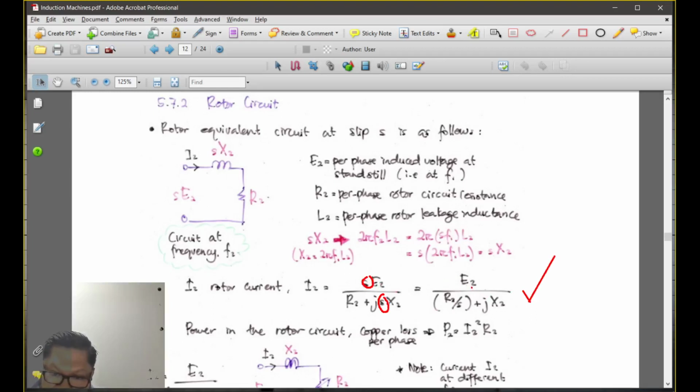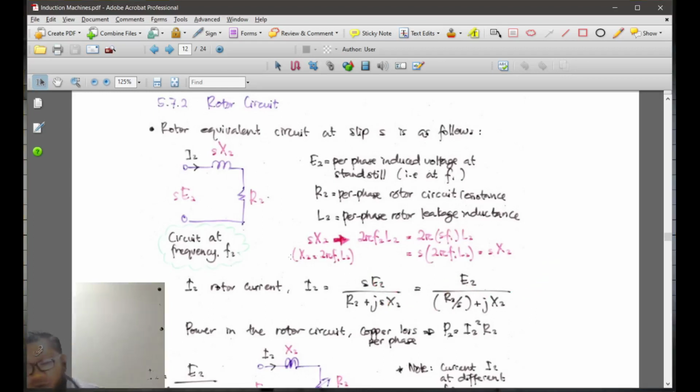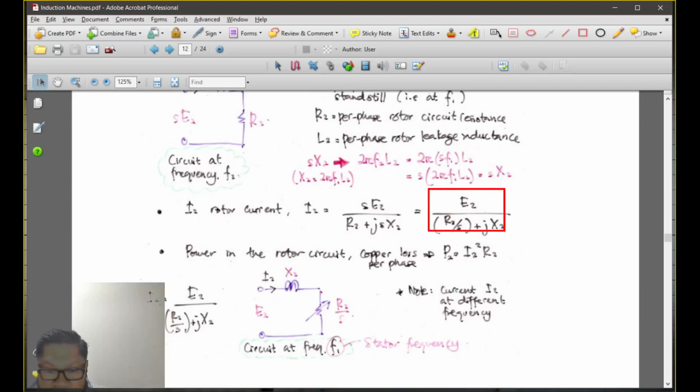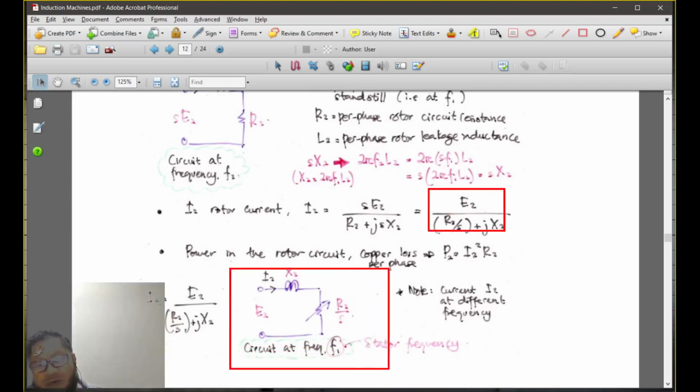E2 divided by R2 plus jX2. So in terms of equation, there is not much difference in it, but if you redraw it, that circuit is now working with the F1 frequency. E2, X2, R2 over S, so that works with the F1.